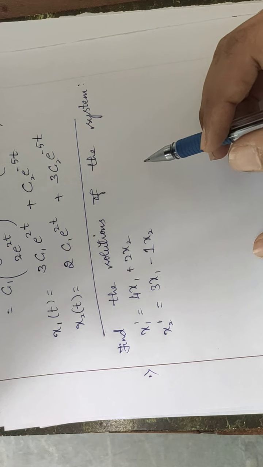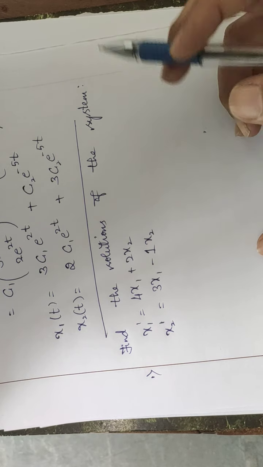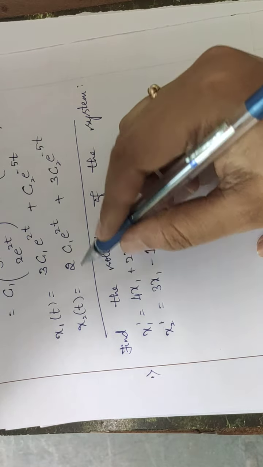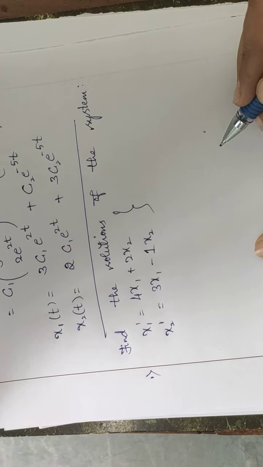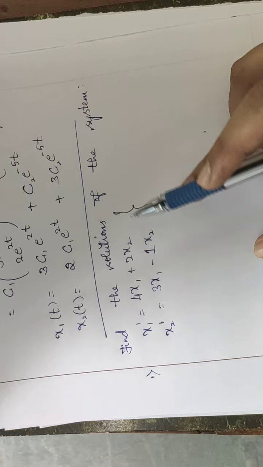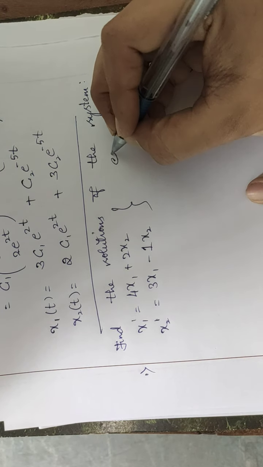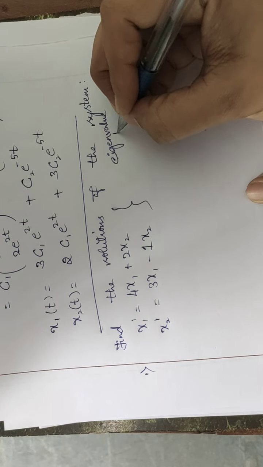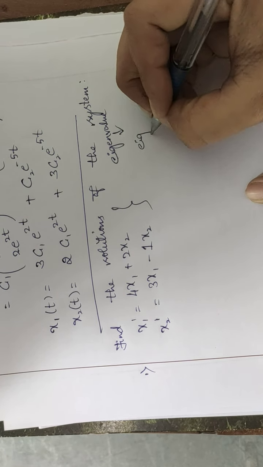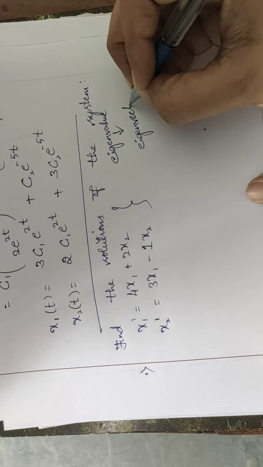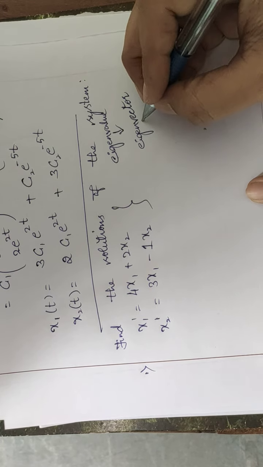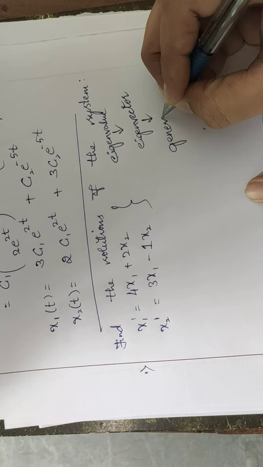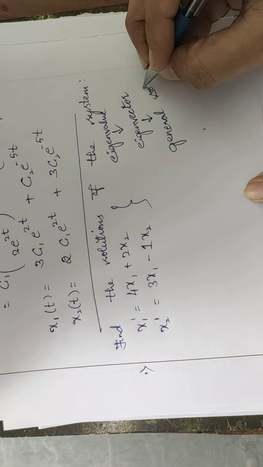The next concept under linear systems, homogeneous and non-homogeneous, is that we have to find the solution of this system. That means we have to find the eigenvalues, using these find the eigenvectors, then finally write the general solution.